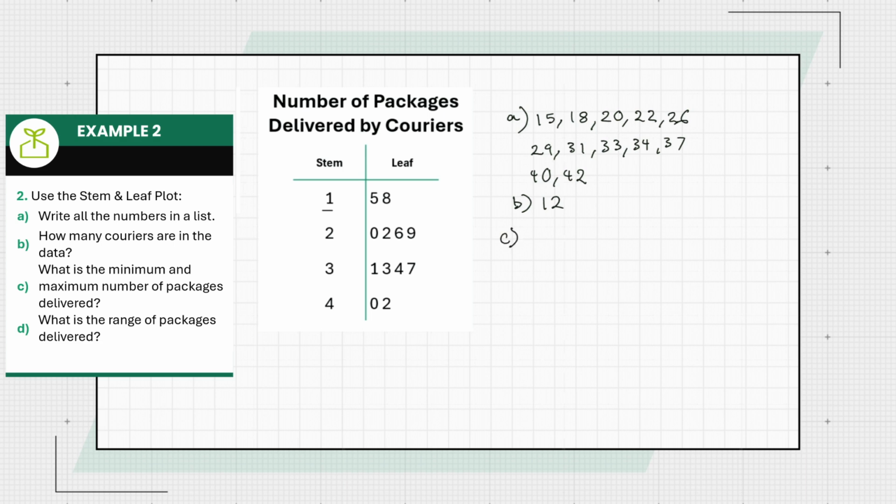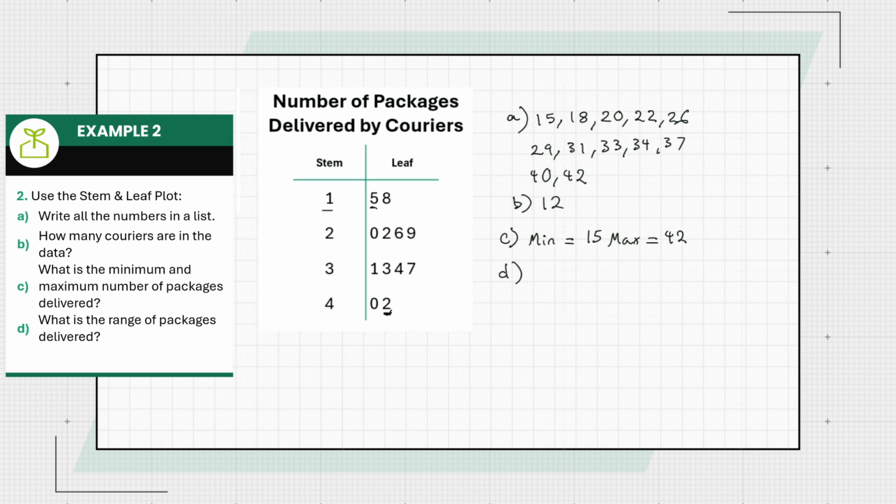Let's look at C. What is the minimum and maximum number? The minimum, as we recall, is down here and the maximum is up at the end. So our minimum value is equal to 15 and our maximum value is equal to 42.